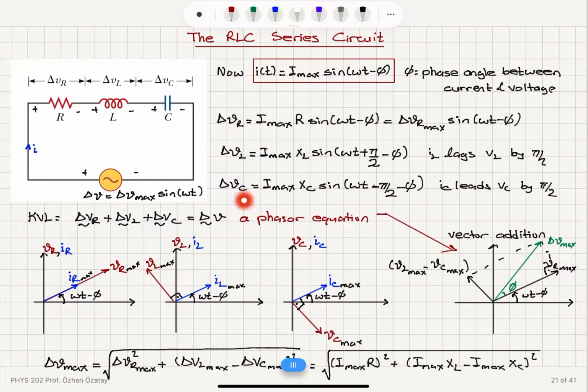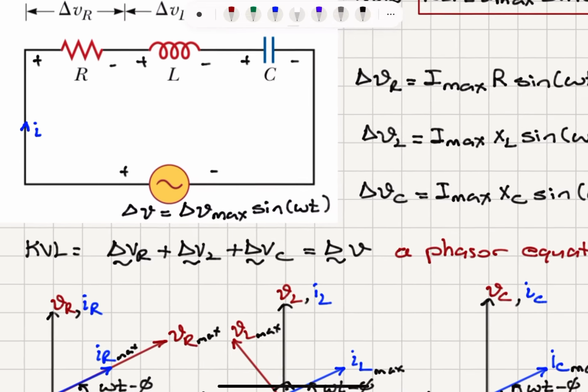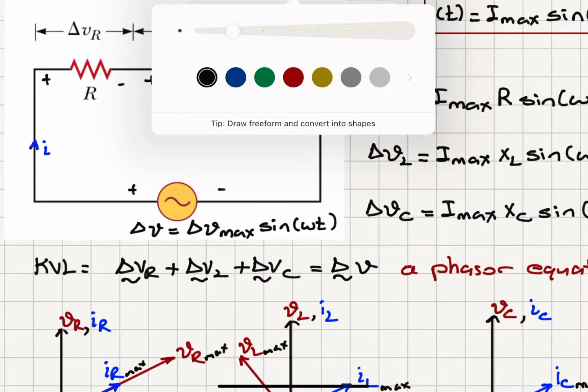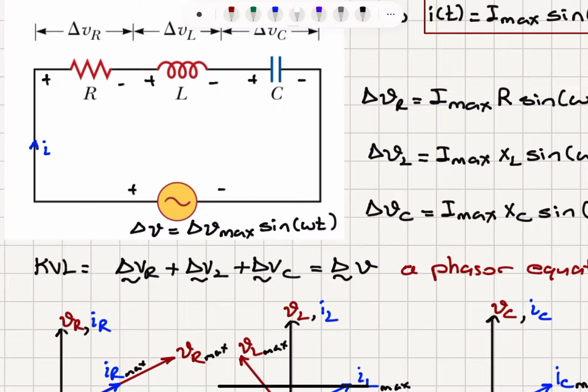Okay, having written these phase relationships correctly between the voltages, we can see that we have a KVL loop. We can consider Kirchhoff's voltage law, and following this KVL, we have delta VR plus delta VL plus delta VC equal to delta V, the voltage supplied by the source.